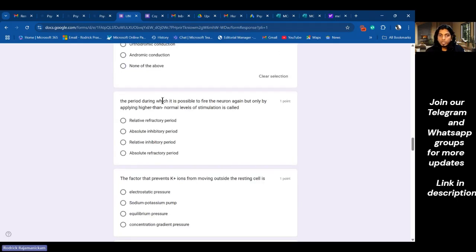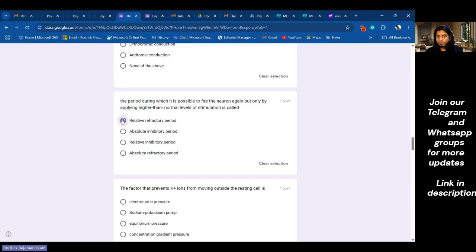The period during which it is possible to fire the neuron again after an action potential, but only by applying higher than normal levels of stimulation, is called the relative refractory period. When an action potential is fired, there are a lot of chemical changes in the neuron, right? So the neuron cannot fire another action potential immediately.